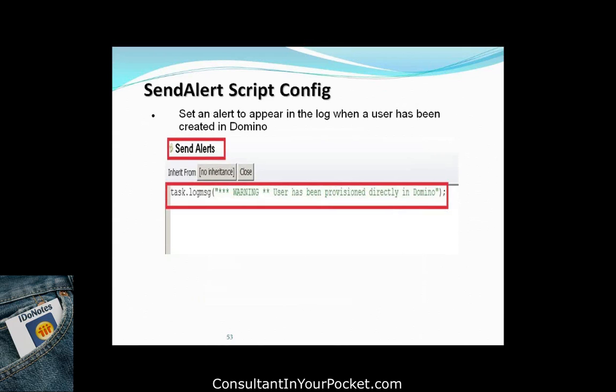And this is saying that the account has been provisioned directly in Domino. You could change this so that it would be more specific, if the user has either been provisioned or deleted directly in Domino. This way, when you're following through on your audit trail, you could see that, wait a minute, this was only done on the Domino side. It's just a little bit of JavaScript to do that.